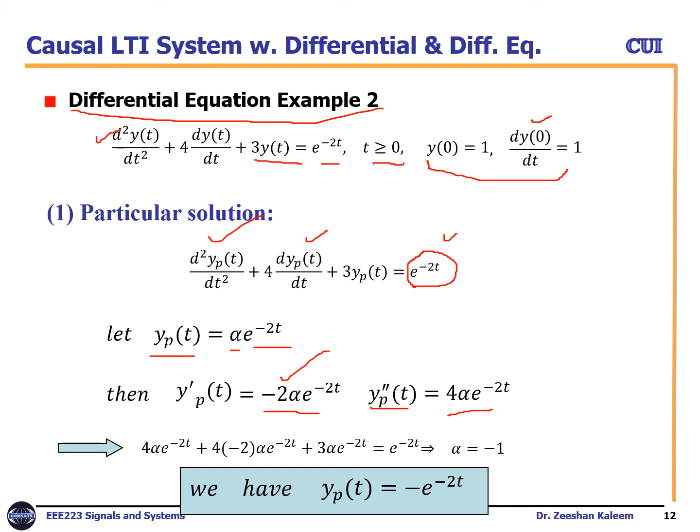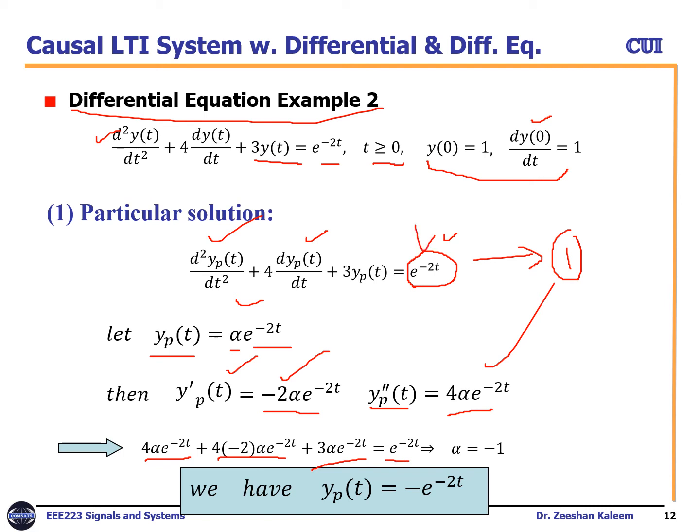Now use these equations in equation 1. So it becomes 4 alpha e^(-2t), plus 4 into minus 2 alpha e^(-2t), plus 3 into alpha e^(-2t), which is equal to e^(-2t) on the right hand side.